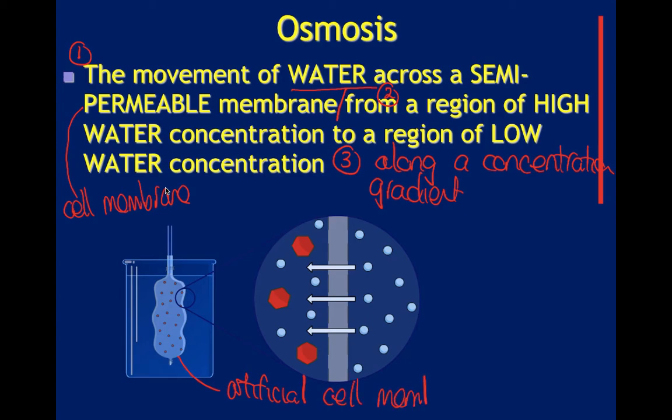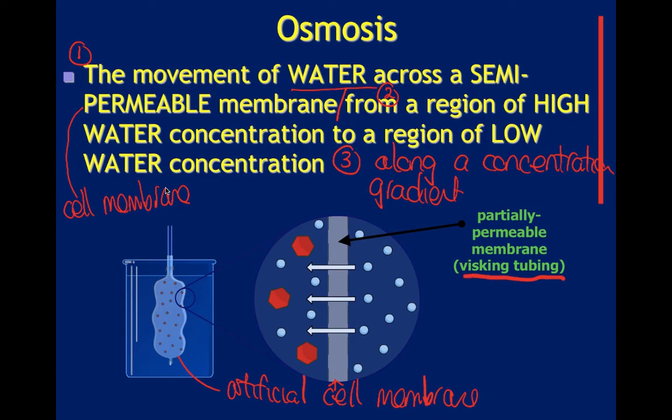It is semi-permeable, so it lets some things in like the water, but it won't let other things in. Okay, so when we do our practical, you'll see this word and you need to know this word. It's called visking tubing. So we have water here, and on this side we have high water concentration.